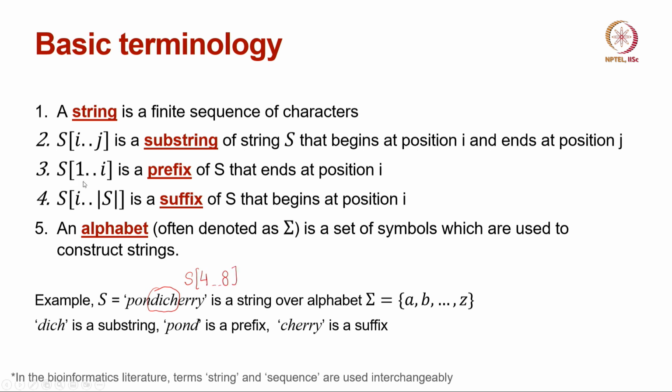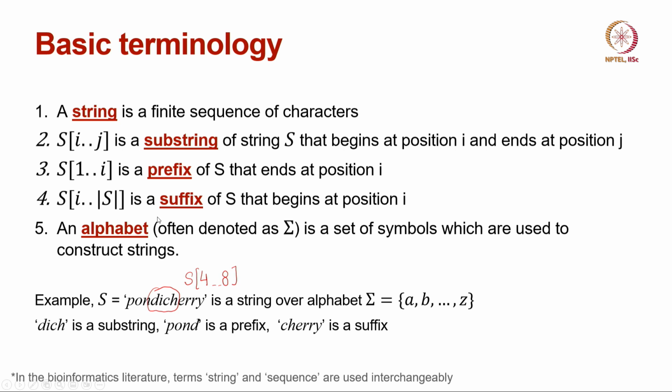We will also use the word prefix. A prefix is a special substring that ends at position i and must start at position 1. So, we will denote a prefix as S[1..i].